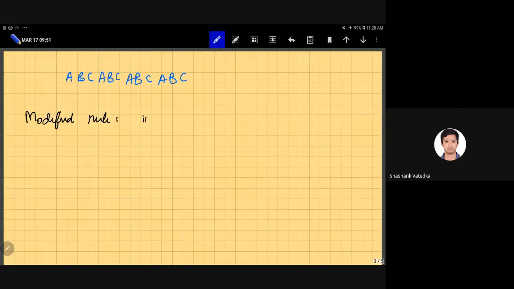Okay, so the second rule is now modified.